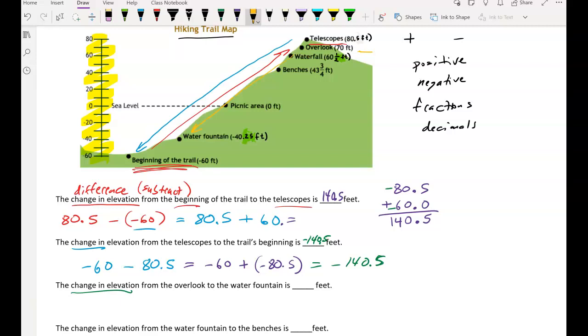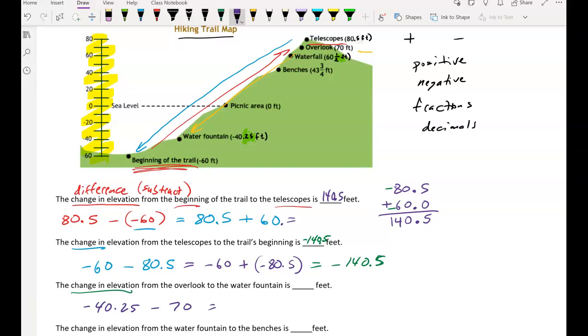So remember, when we want to find the change in elevation between those two things, we have to subtract the end point. So the end point is the water fountain, and its elevation is negative 40.25. And we're going to subtract the starting point, which was the overlook, and that's at 70. Okay, so negative 40.25 minus 70.